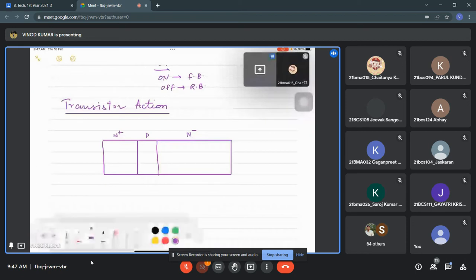इस केस में क्या है कि if we talk about this, because doping is high in case of emitter, so its depletion region is small.